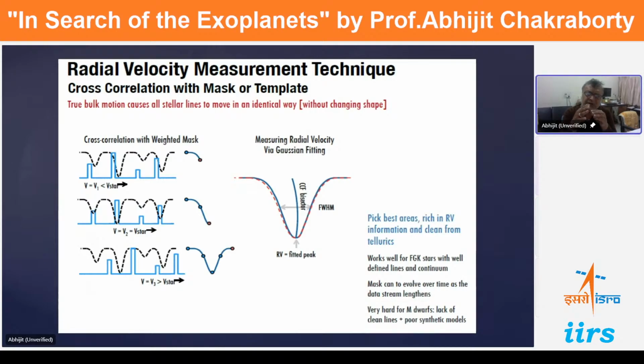Just to scale, suppose your star's radius is of the order of 10,000 kilometers. Then the thickness of the photosphere should be of the order of a few tens of kilometers. In terms of ratio, that is a small thickness of the photosphere.